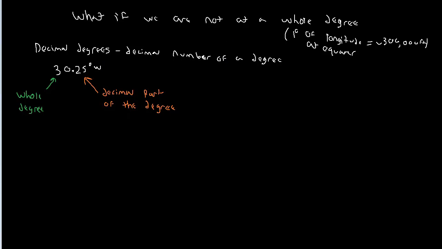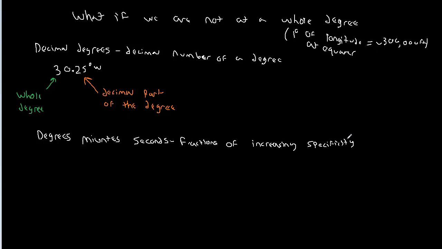Another way you might often see is something called degrees, minutes, and seconds. And this one involves a little bit more explanation. But basically we have fractions of increasing specificity.